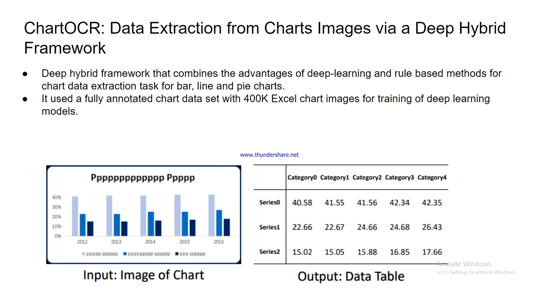One advantage is that it also works for line charts, because previous methods failed for line charts. It used a fully annotated chart dataset with 400K Excel chart images for training the deep learning model. Given an image of a chart, ChartOCR gives a semi-structured data table.